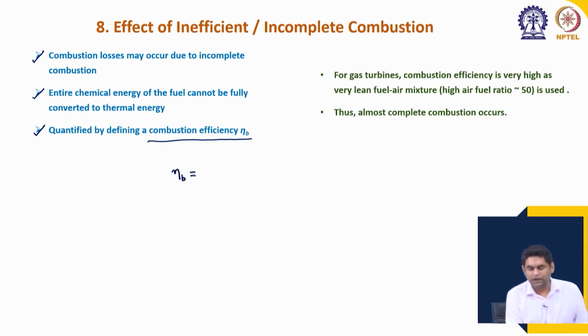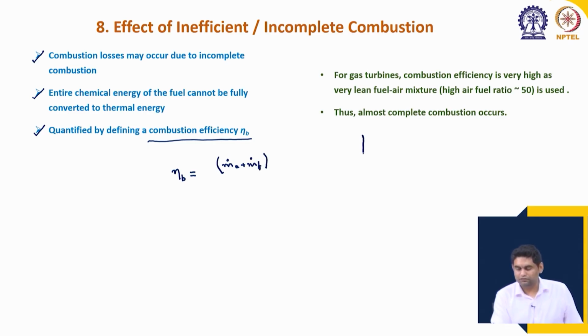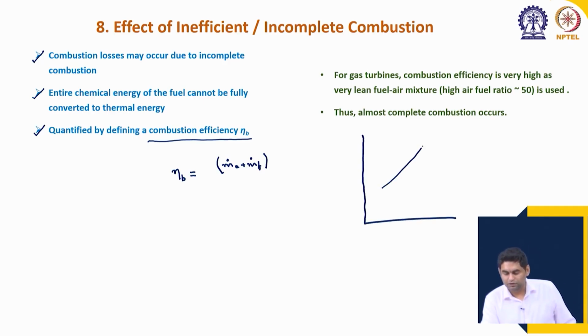is defined as the actual energy which is generated in the combustion chamber due to combustion, which is equal to mass flow rate of air plus mass flow rate of fuel. So, this is the total mass flow rate. Let us say that again we will just draw a quick diagram for reference. 1 to 2.